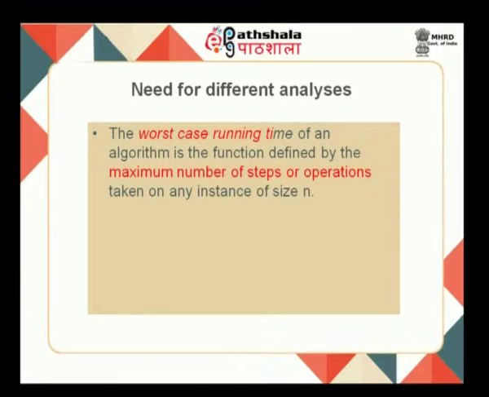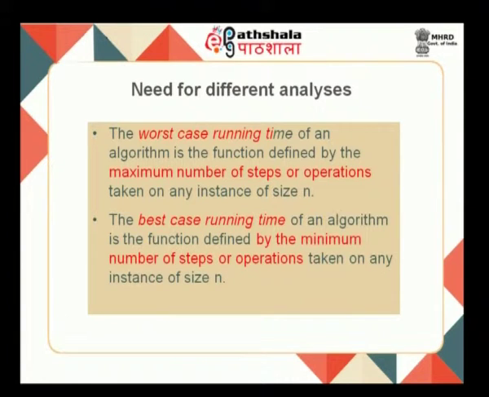The worst case runtime is defined as the maximum number of steps or operations that are required to solve a problem of instance size n. So, in other words, the worst case runtime is going to tell us the maximum operations or steps that are required to solve a given problem.